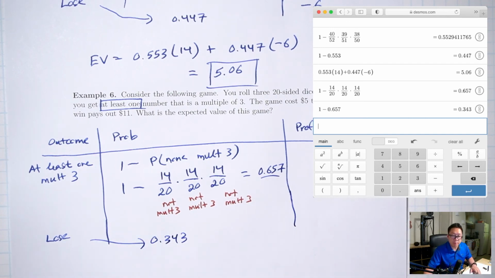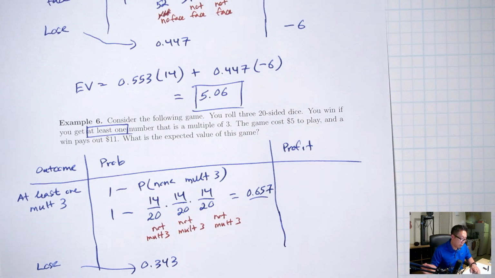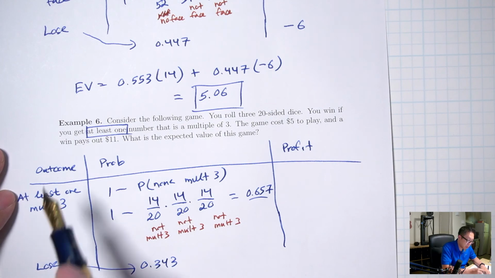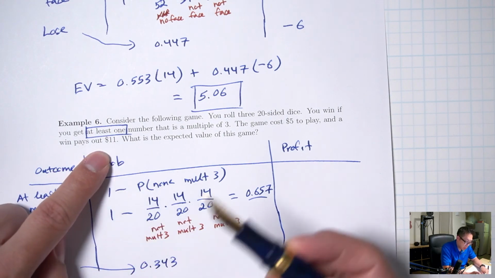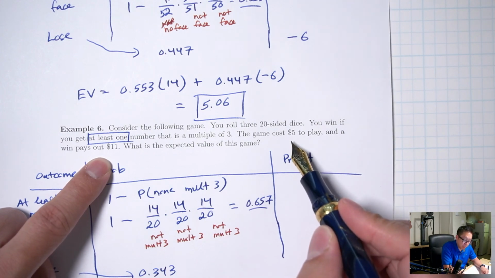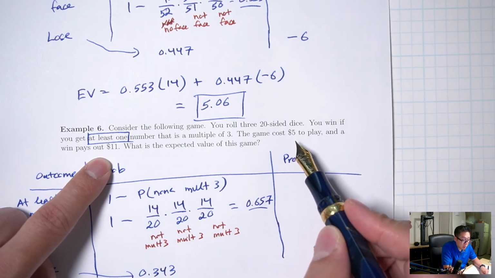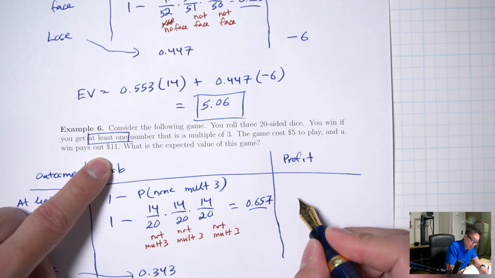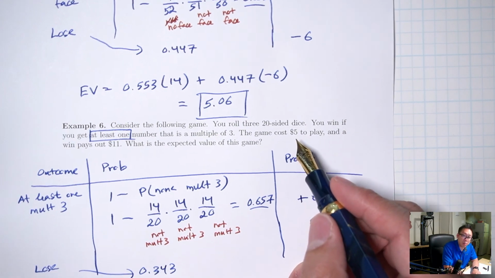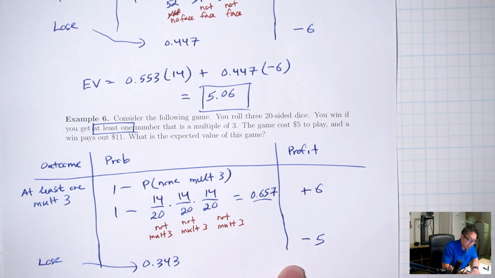Right, now the profit. If you get at least one multiple of 3, you win, and you actually win $11, but you have to subtract off what you paid to play, so 11 minus the 5 that you paid to play. That's 11 minus 5 is 6, so that's a plus 6. If you lose, you get nothing, so you lost the $5 that you paid, so you're down 5.